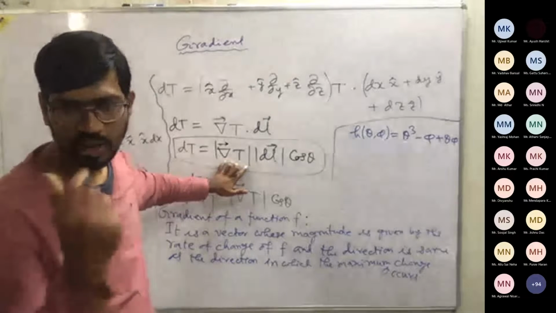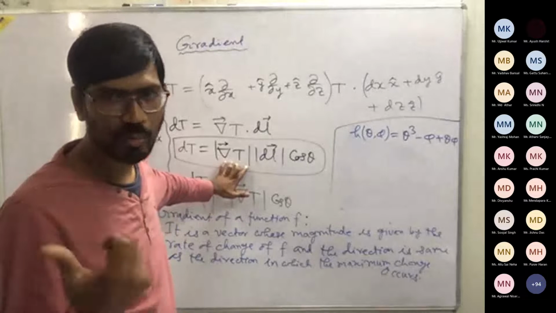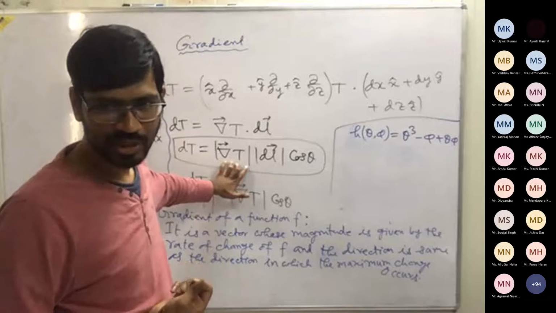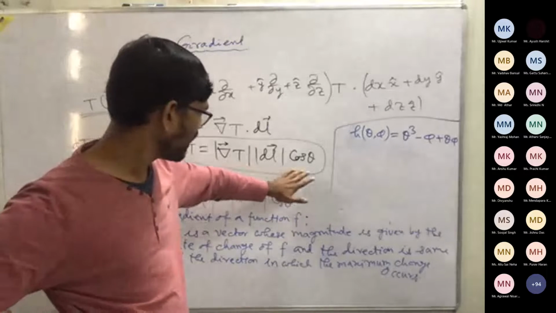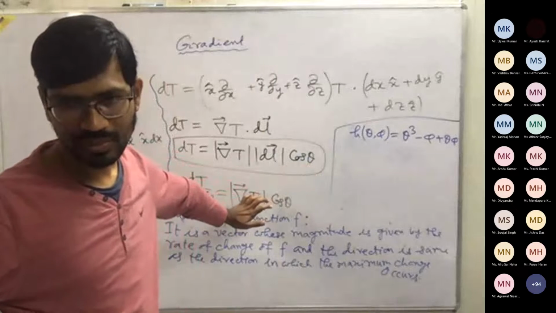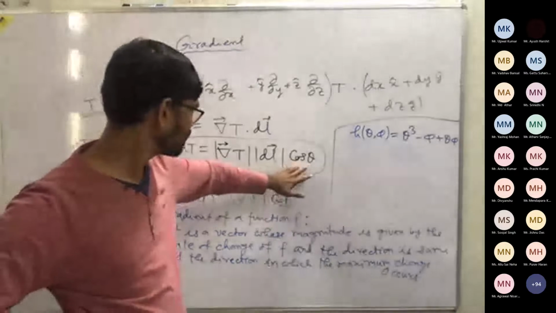Look, any vector quantity has two components, essentially two pieces of information. One is the magnitude, another is the direction. The direction is taken care of by this factor, cos theta, so you should not forget this factor.